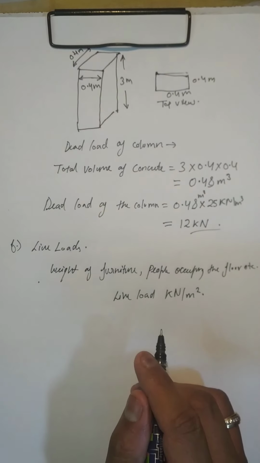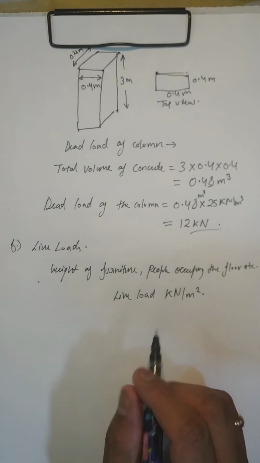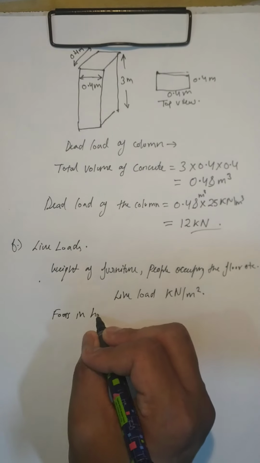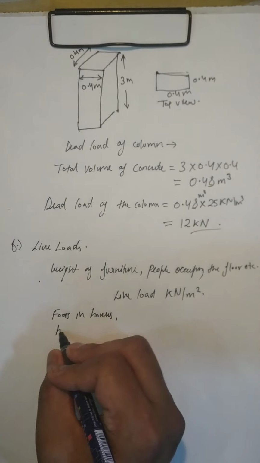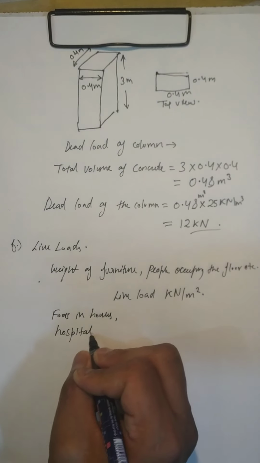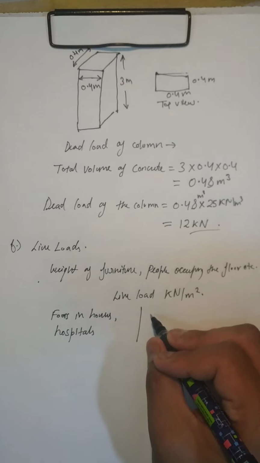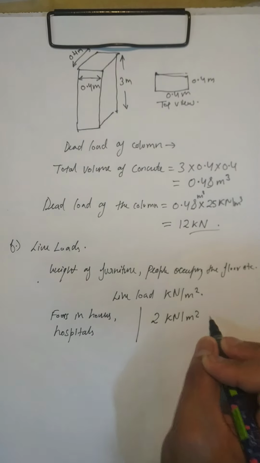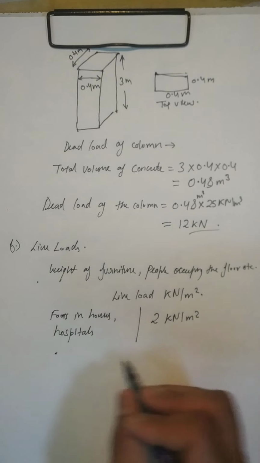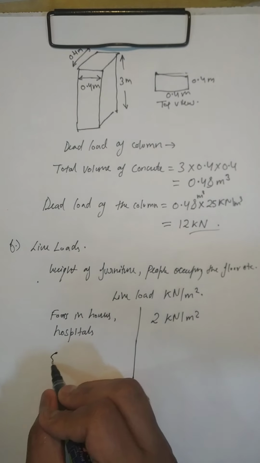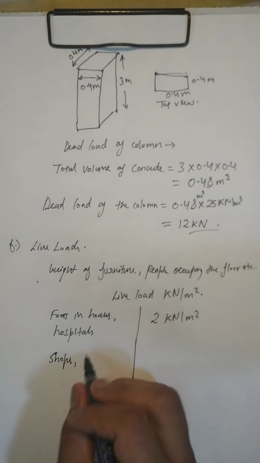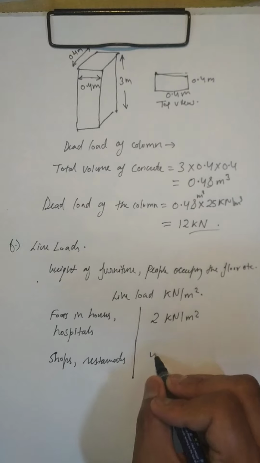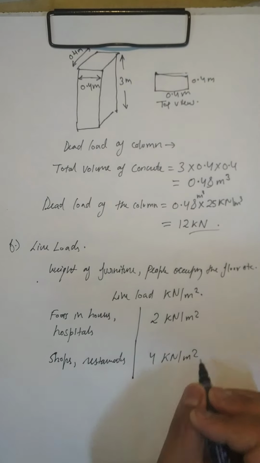So for floors in houses or hospitals, minimum live load can be taken as 2 kilonewton per meter square. Likewise, for shops, restaurants, it can be taken as 4 kilonewton per meter square, and so on.